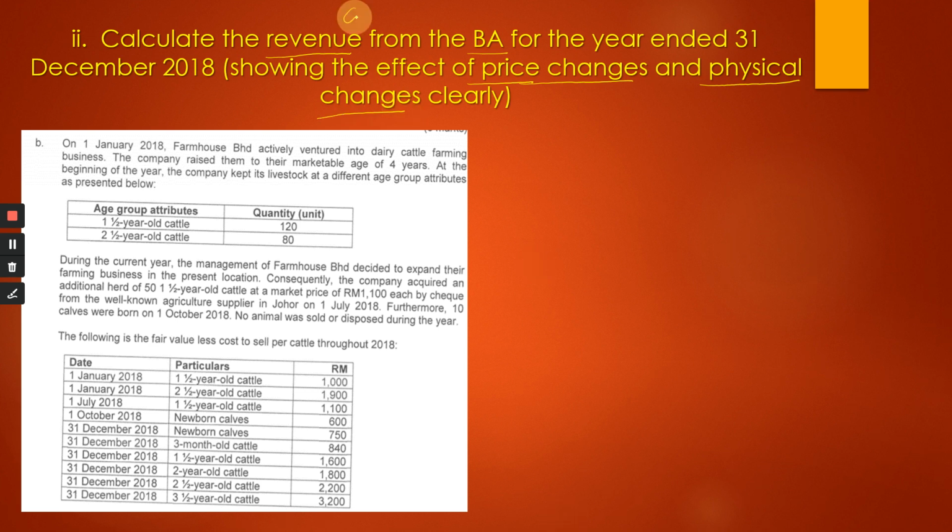So we're going to calculate the gain in fair value changes, and that one would be from two sources, which is from price changes as well as physical changes. We need to show the calculation.